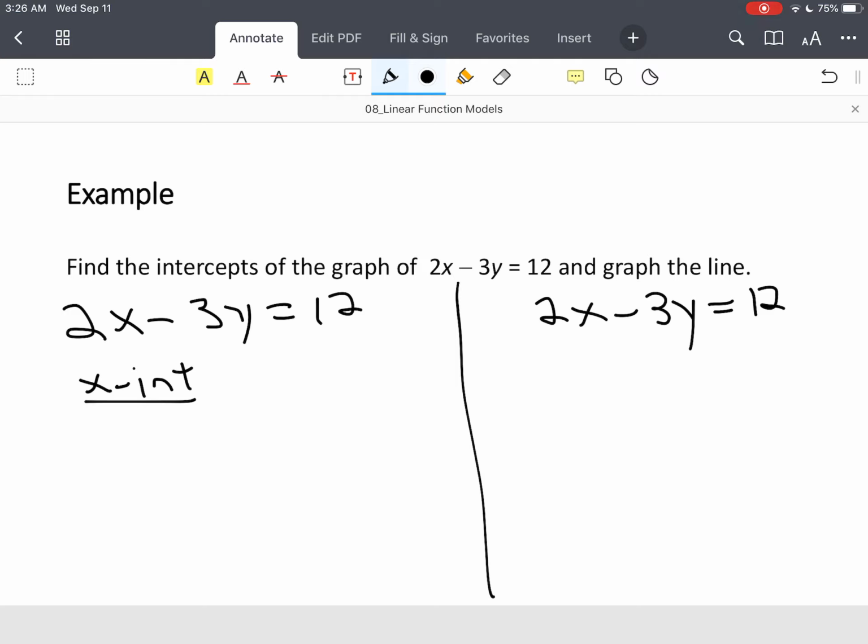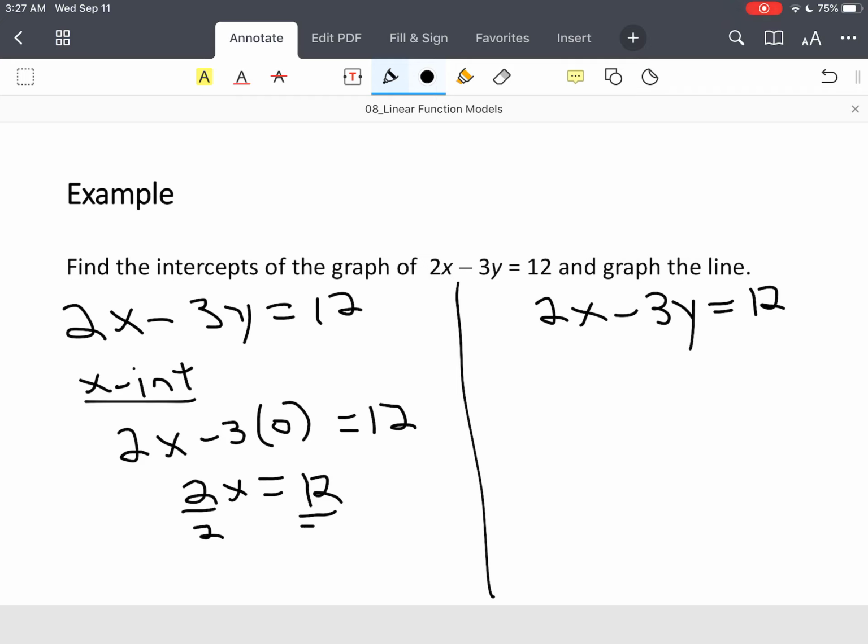By definition, to find an x-intercept, y is set equal to 0. So we end up with 2x minus 3 times 0 equals 12. So this equation becomes 2x equals 12. Then we simply divide by 2.